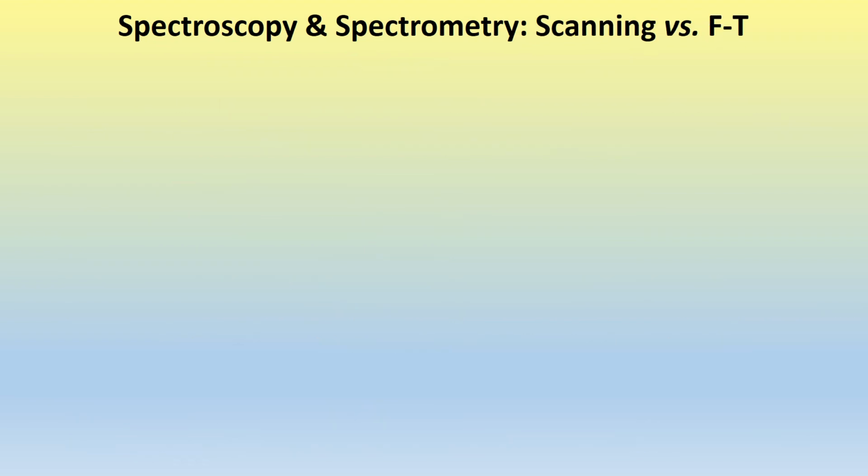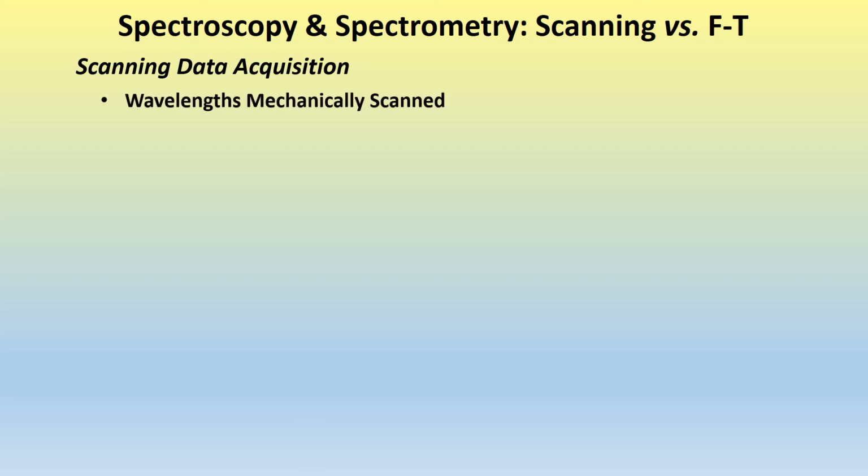A comparison can be made between the scanning of data versus a Fourier transform of all data gathered simultaneously. In scanning data acquisition, as mentioned, the wavelengths are mechanically scanned.